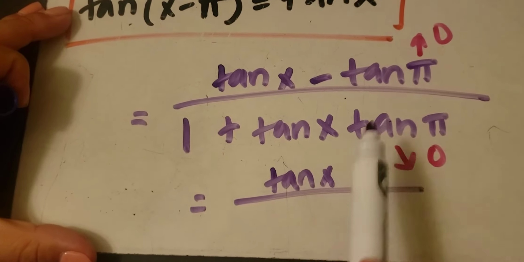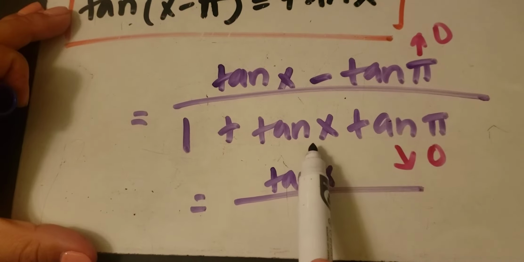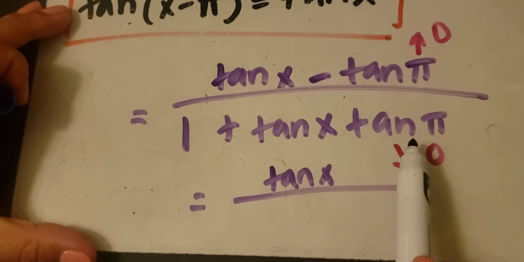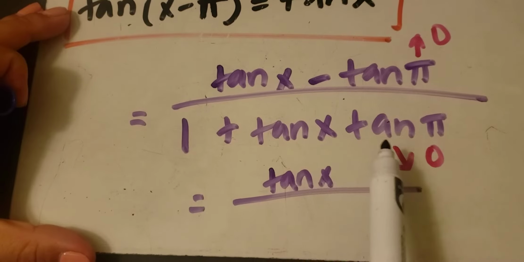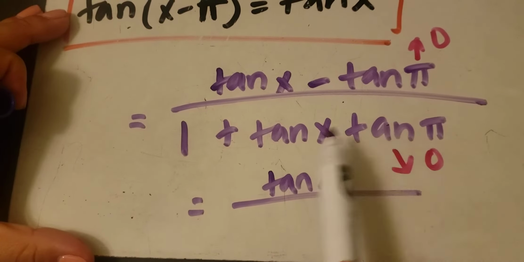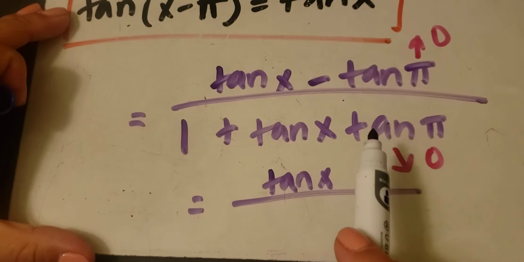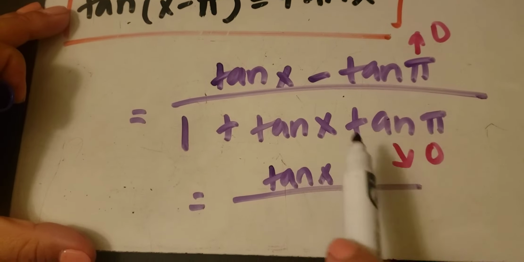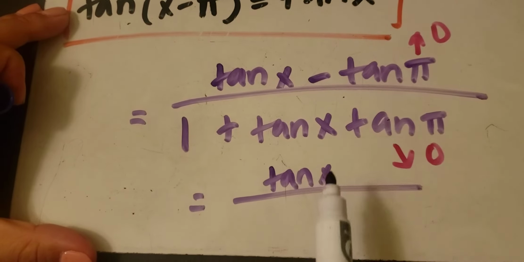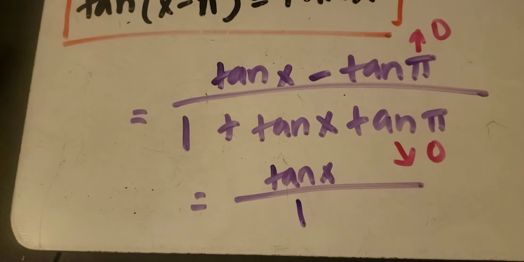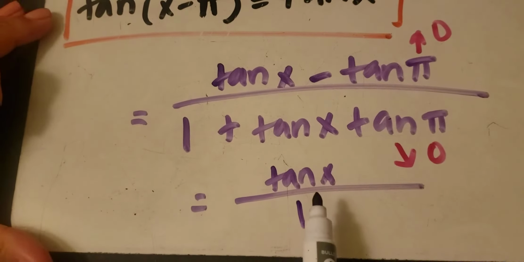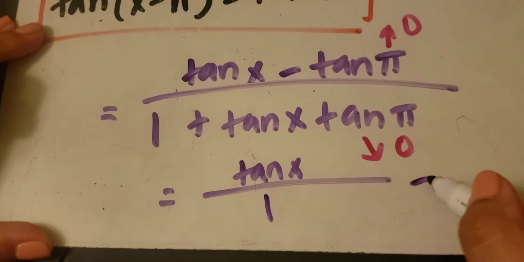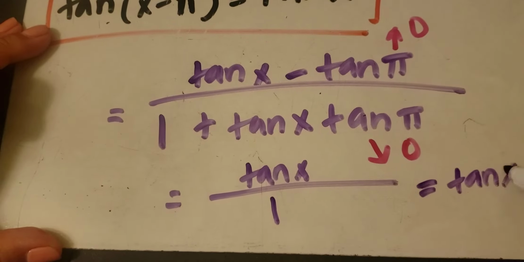Then tangent of x times tangent of pi is 0 times tangent of x, which is just 0. At the bottom, we have 1 plus 0, so I can just write it as 1. And tangent of x over 1 is just tangent of x.